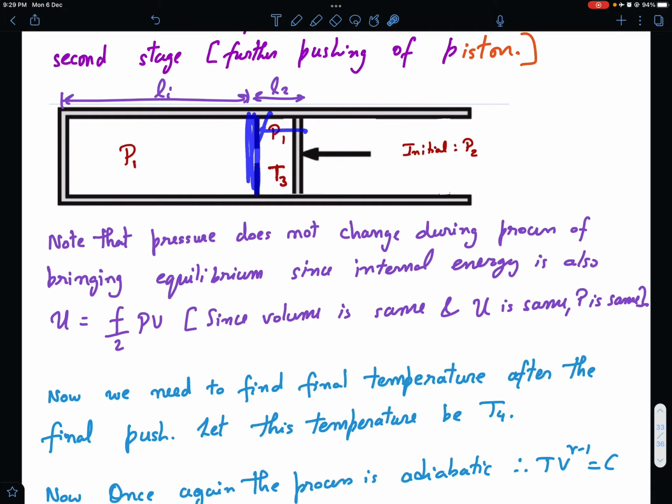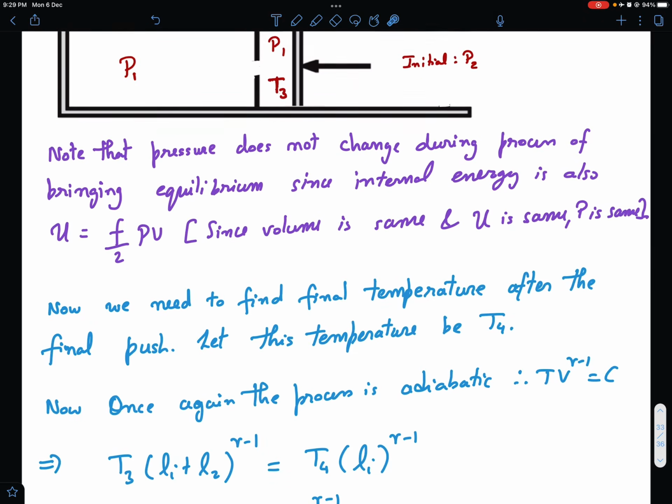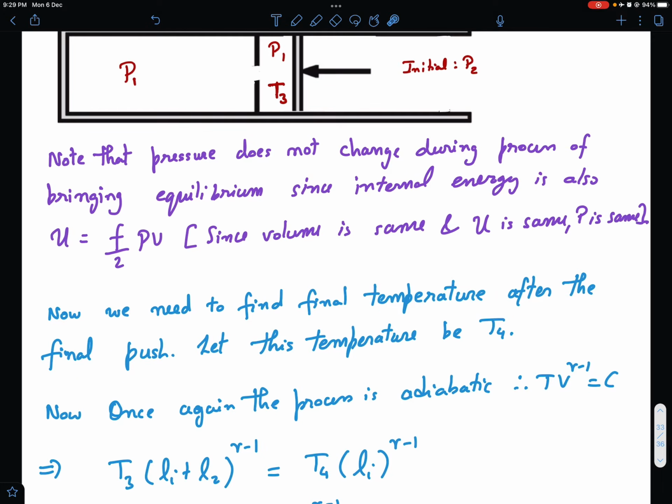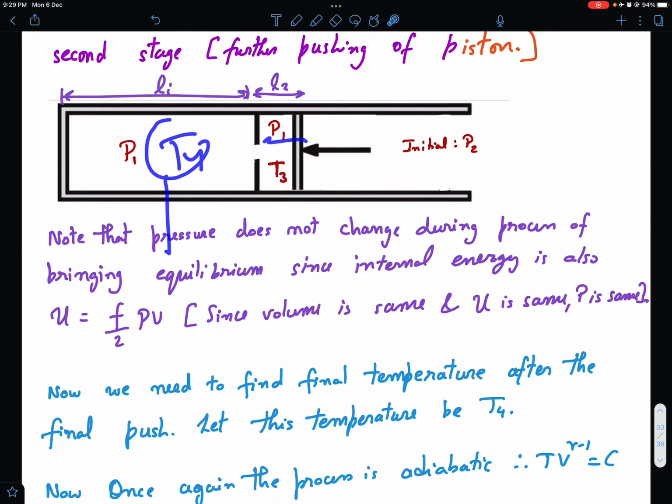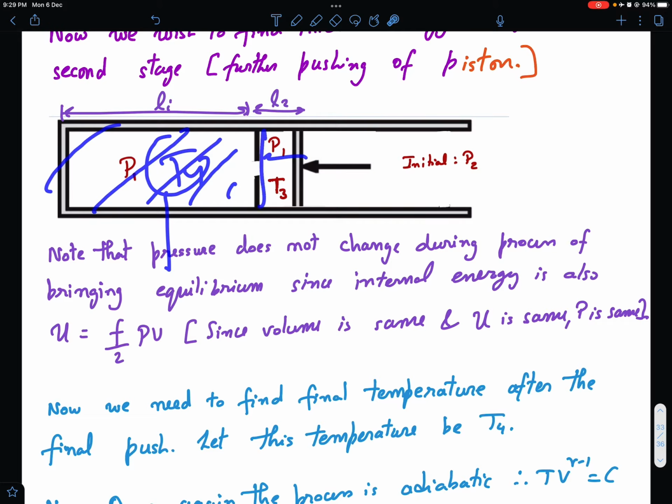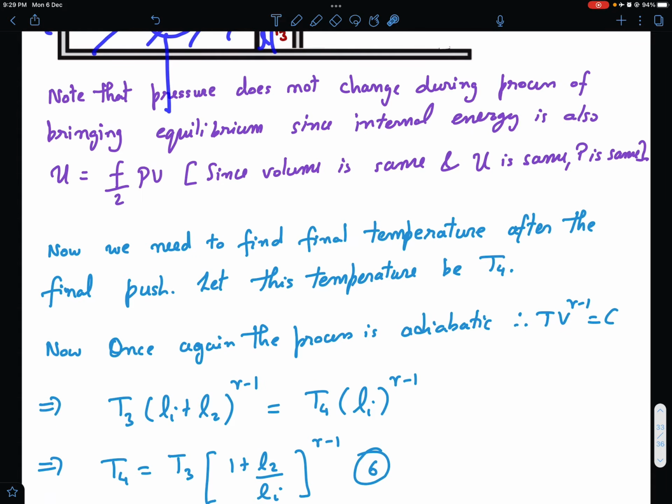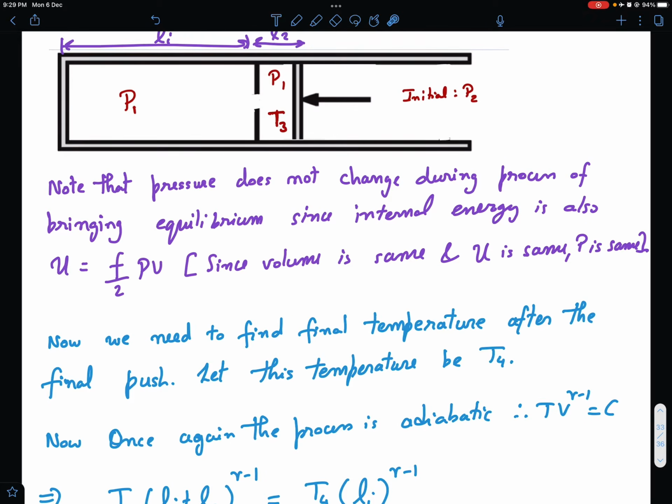I am pushing this piston until it reaches the partition. Let this temperature be T4. Once again this process is adiabatic, so TV to the power gamma minus 1 is constant. The entire gas is now confined over here and this piston is touching this. Since the area of cross section is the same, volume is proportional to length. Let this length be Li and this length be L2.